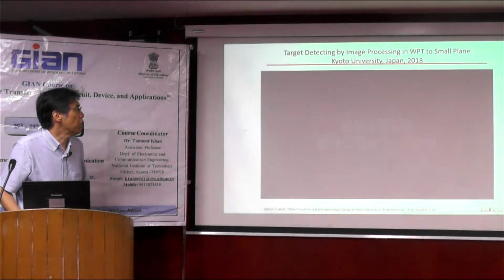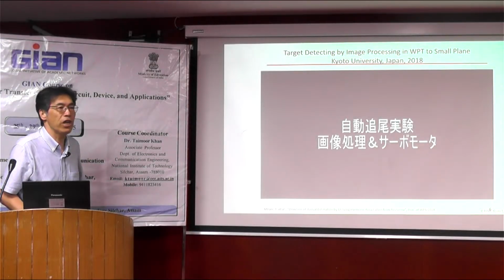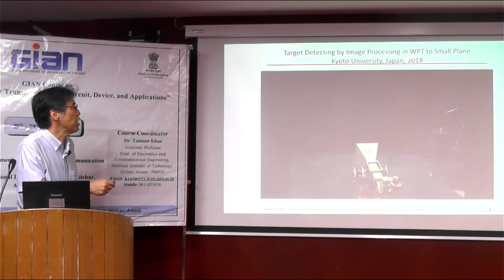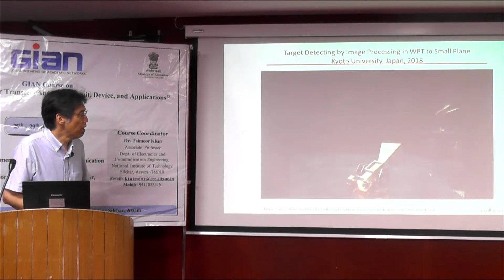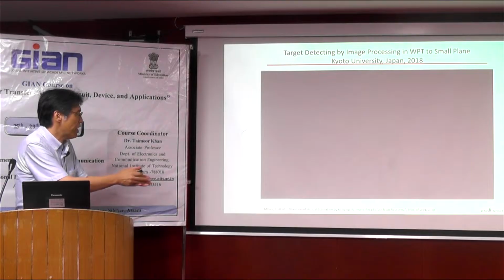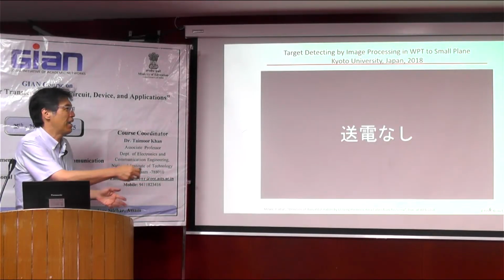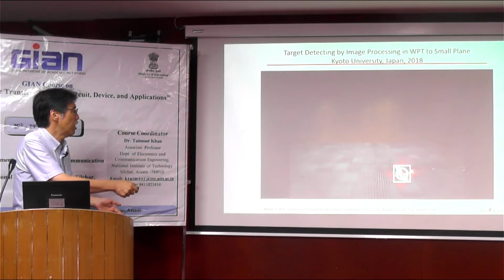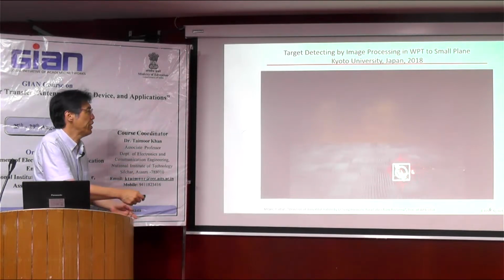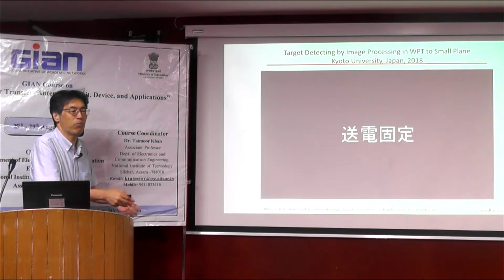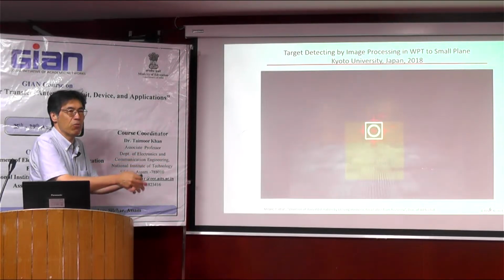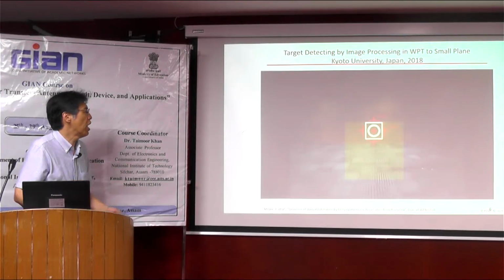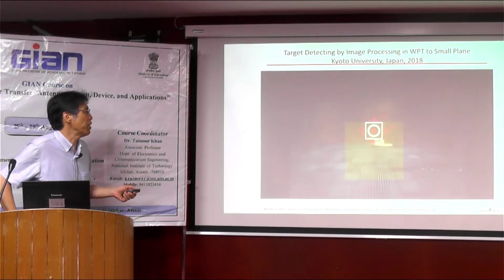And recently, my student carried out another target detecting by image processing. Now this mechanical moving antenna chases this airplane. In this case, on the screen, we catch the position of this airplane, and we calculated the position of this airplane, and we control this antenna moving.